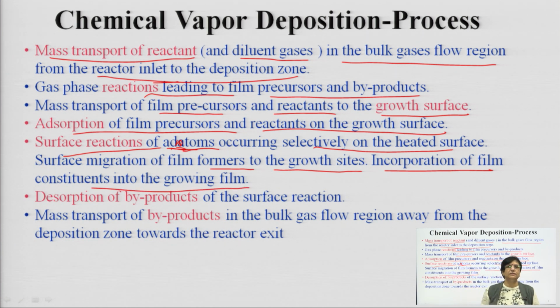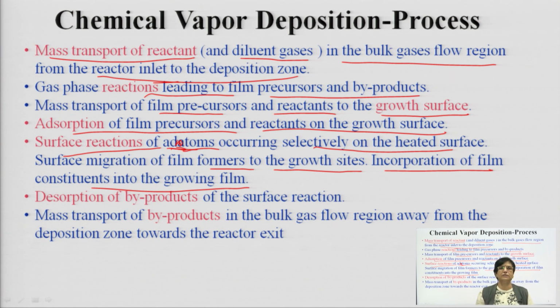Now, please understand what that means. Initially you are transporting the diluted species, and they will flow in the bulk gas flow region from the reactor inlet into the deposition zone. Once they arrive, the gas phase reactants lead to film precursor and byproducts.